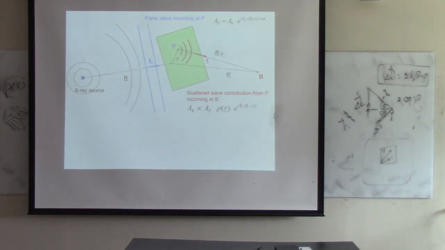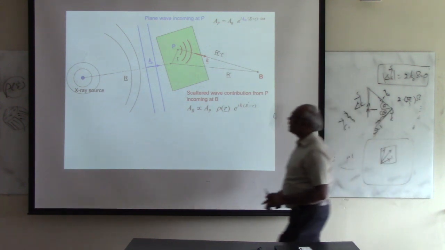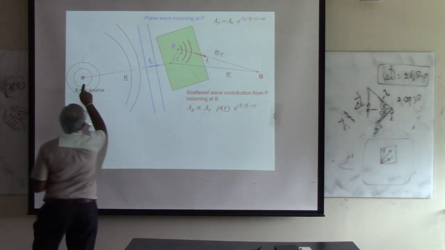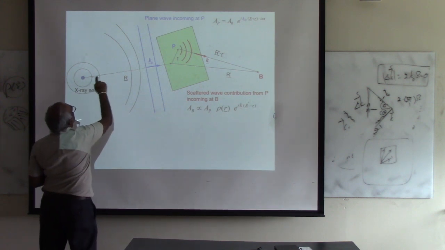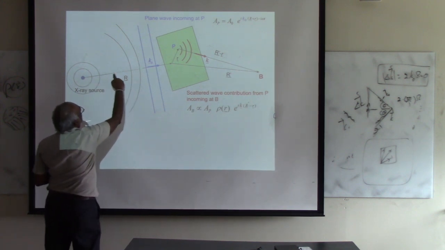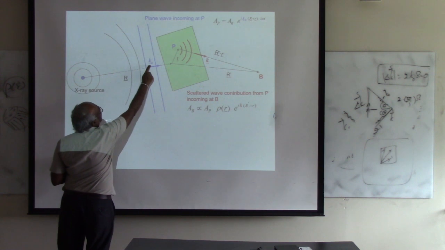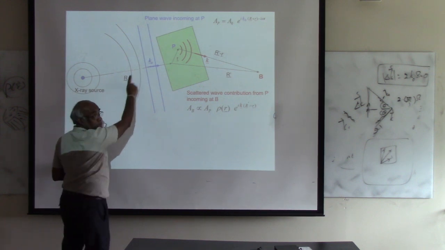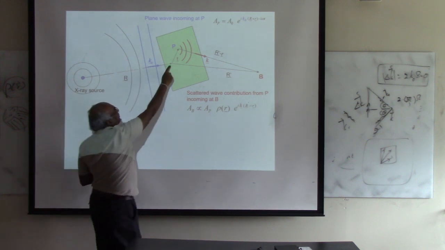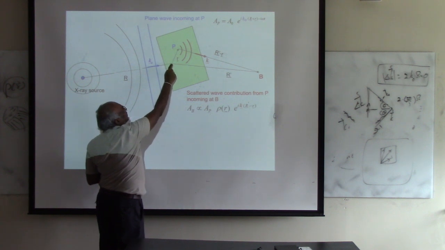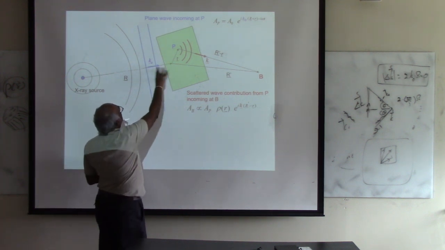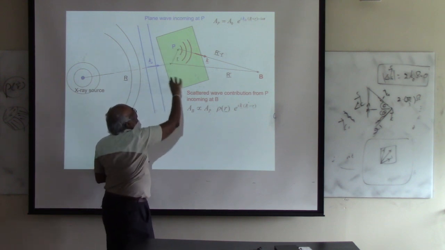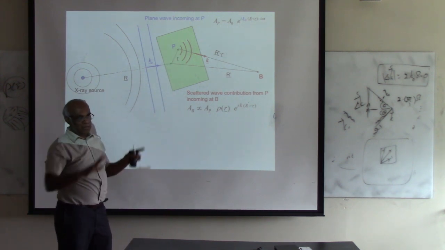Okay, now let's consider this formalism. Like I said, I have an X-ray source. Suppose this is your wave, which has your wave vector k0. Suppose it is incident here. Now this wave is going to agitate the entire sample, right?